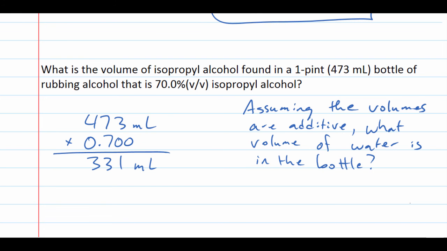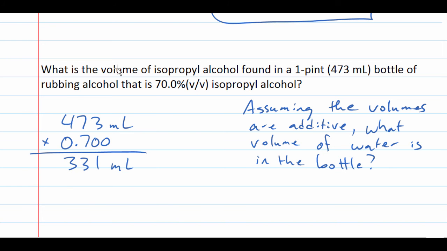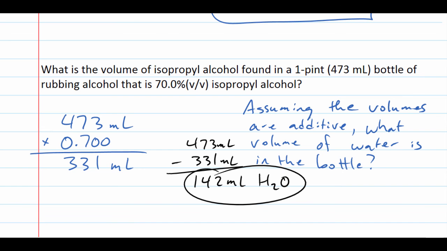And how do we figure that one out? This one should be pretty simple. We're going to subtract. Exactly. We have 473 here, and we'd subtract what? 331. If we subtract these, we wind up with 142 milliliters of water that's in the bottle. And this here, of course, is the 331 milliliters of the isopropyl alcohol. So any questions on either of these two?